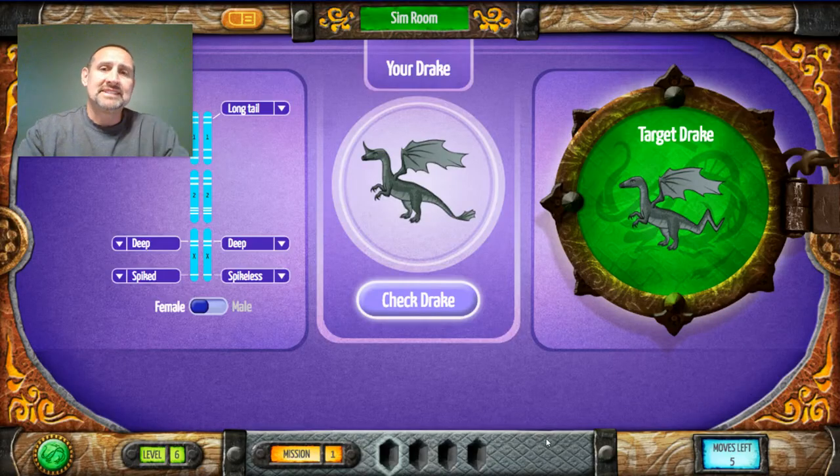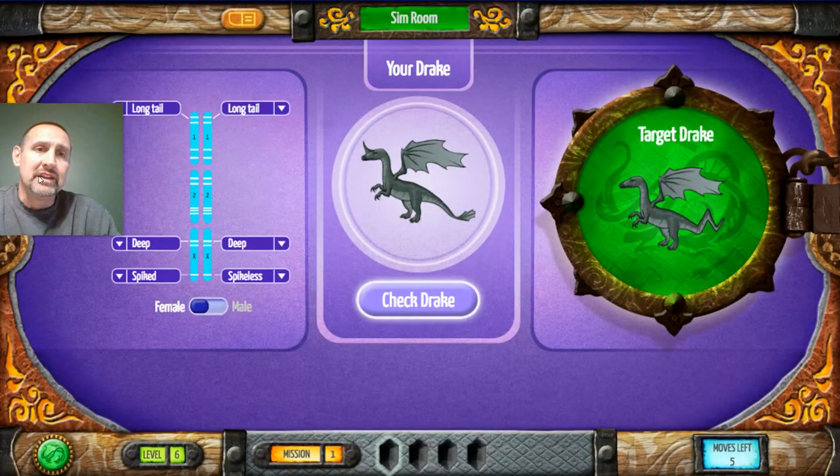In this case, though, we're going to have some traits that are polyallelic. That means there's more than one allele that controls that trait. In the case of tails, you're going to see that more than one allele will control that trait, polygenic, so more than one gene has to deal with that trait. Again, experiment with these traits to see what combination gives you what.